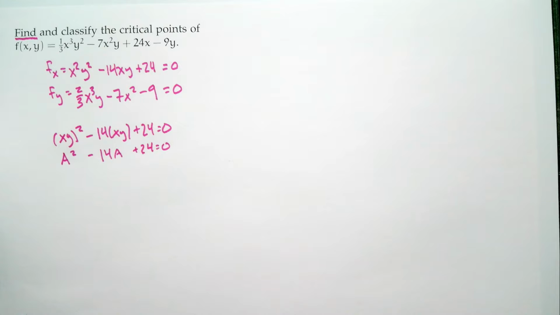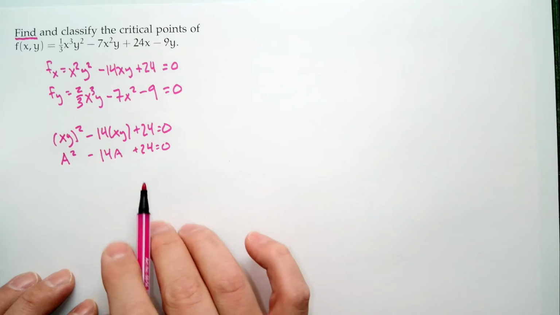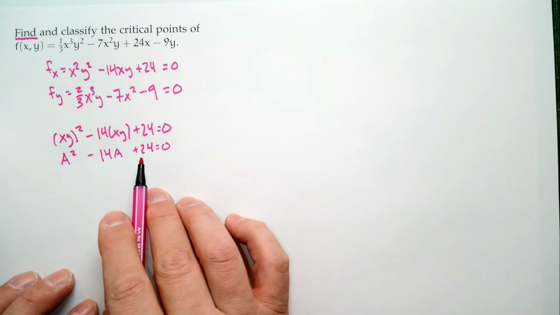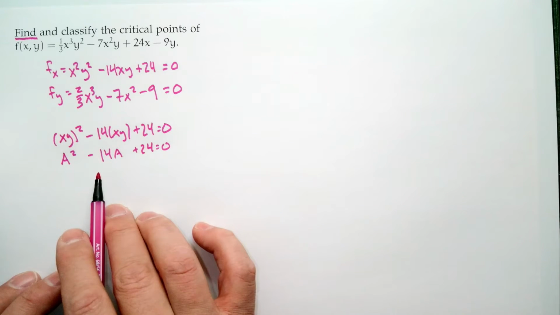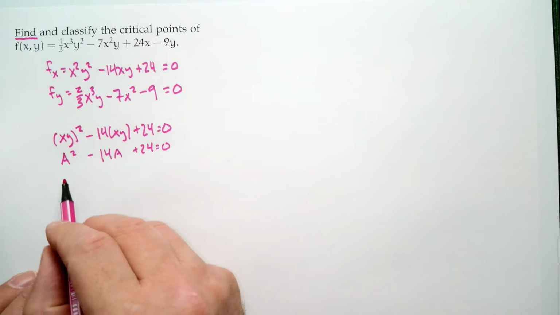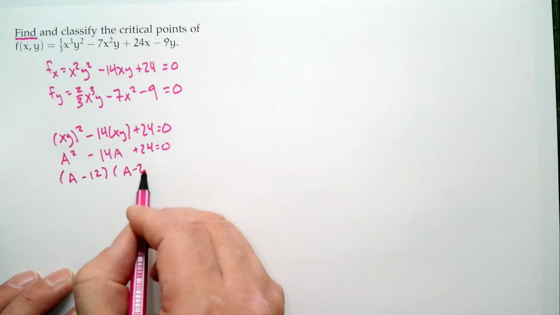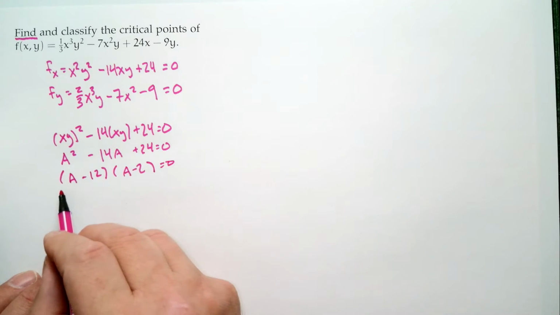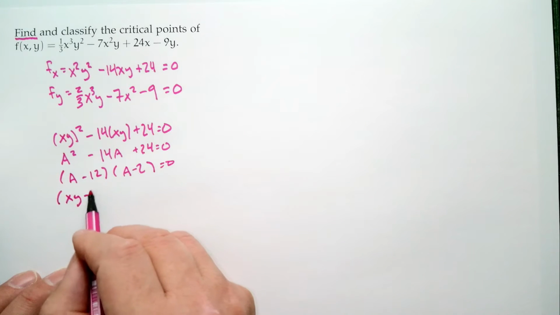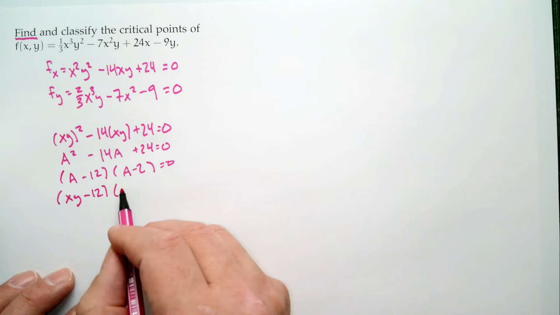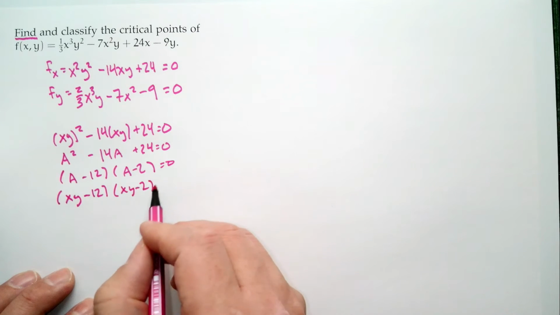I'm looking for two numbers that multiply together to give me 24, but add together to give me 14. 12 and 2. So a minus 12, a minus 2. But remember, a was just a placeholder. So xy minus 12, xy minus 2.